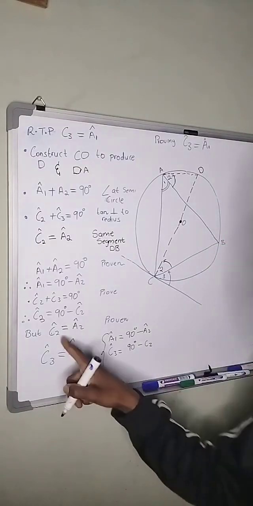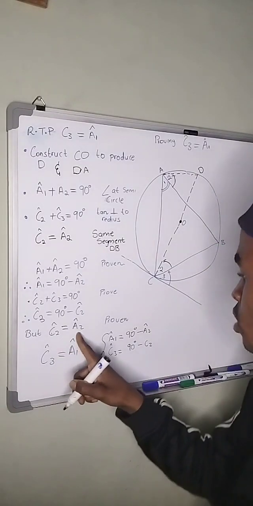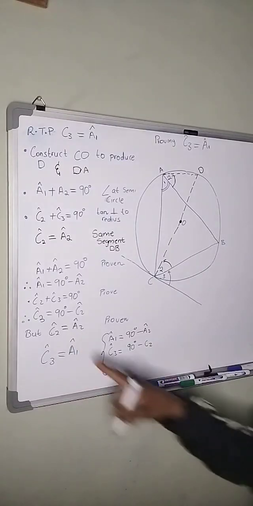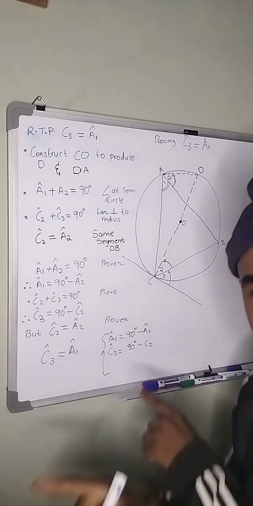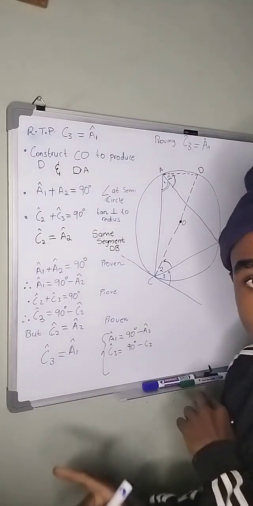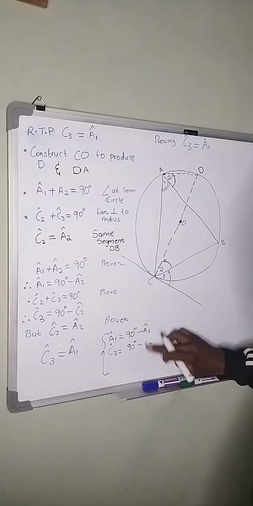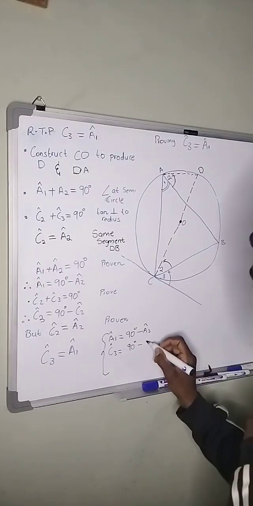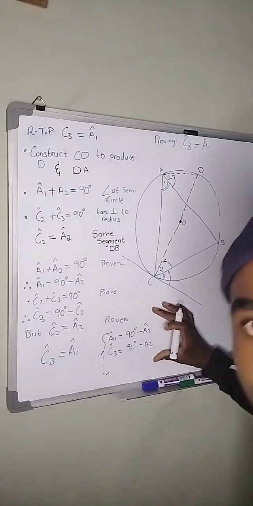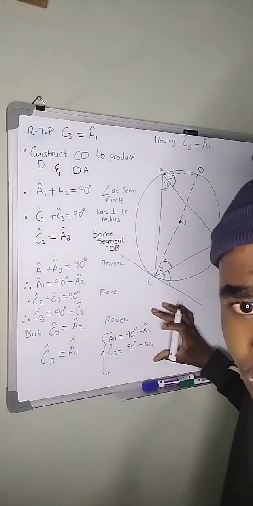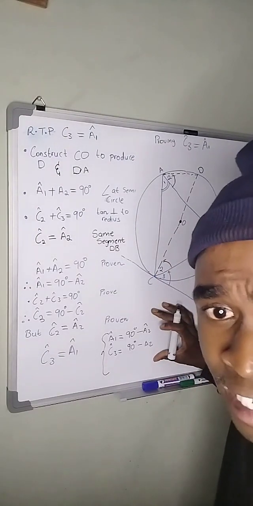If I'm having C2 equals to A2, I can substitute C2 with A2. You can see that A1 and C3 are equals to the same thing. Is that understandable?